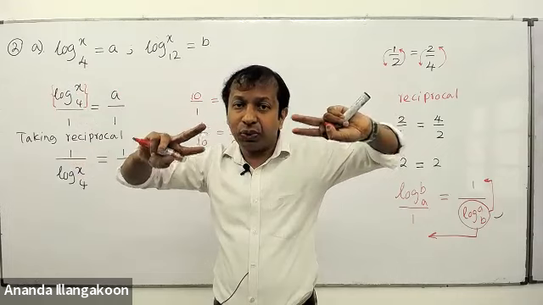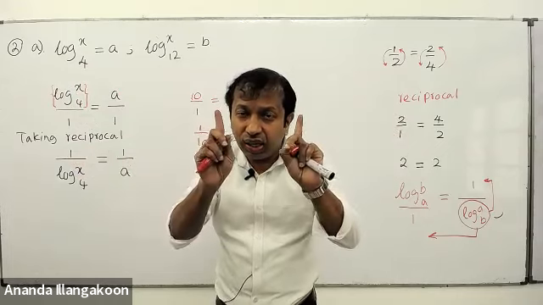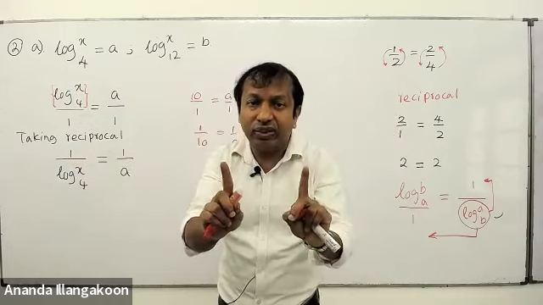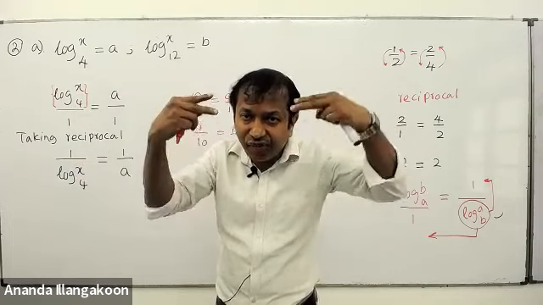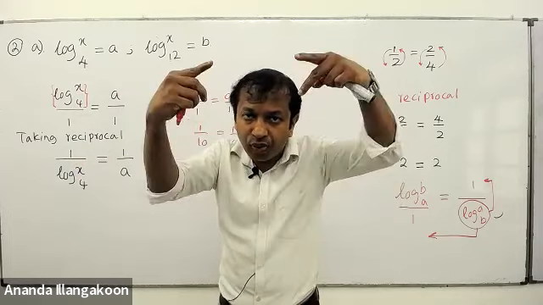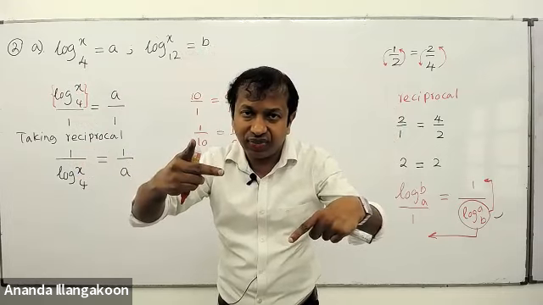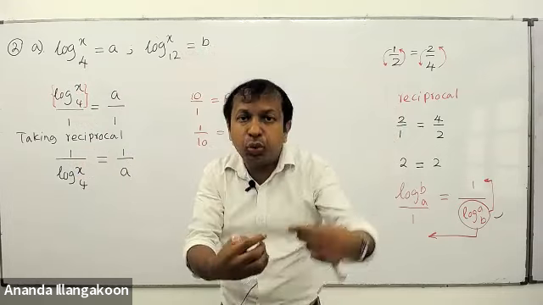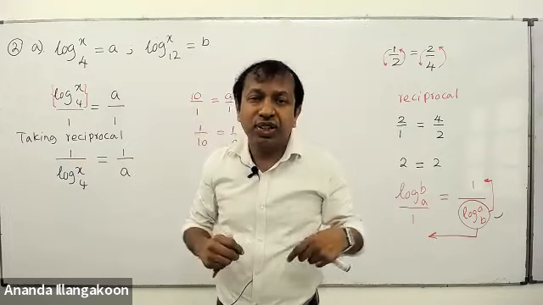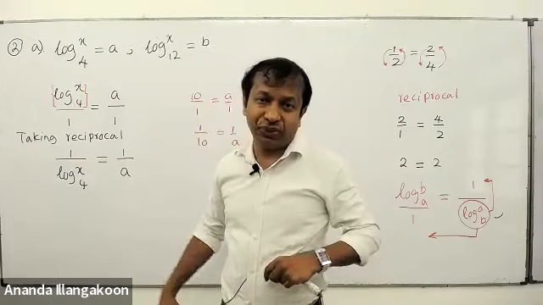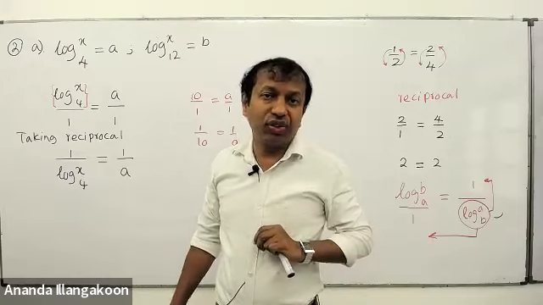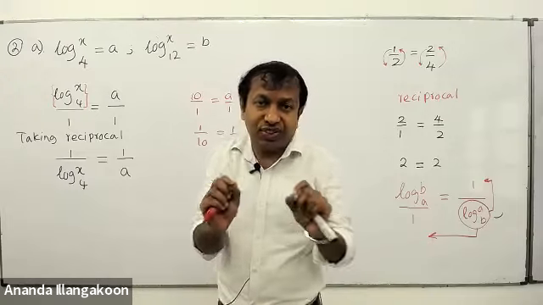Now I am going to use one property of logarithms. What is that? If we take a logarithm from numerator to denominator, the base and the number exchange. From denominator to numerator also, those two numbers exchange. That law only I am going to use now. Therefore, no reason to be confused. Now you know the difference, right?